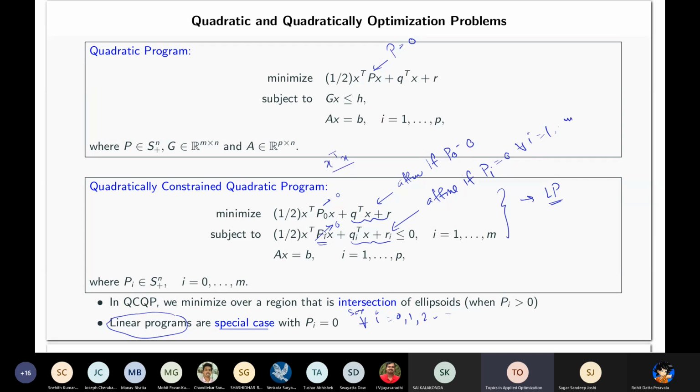Okay, so it's just that one has to do a little bit more here, because what I have to do is take x with the square root of P. So this vector, if I take the transpose with the square root of P x, this is nothing but the norm of square root of P x.